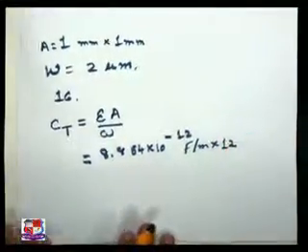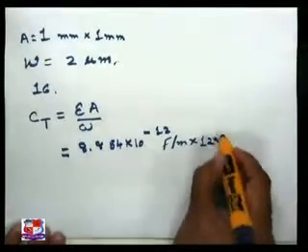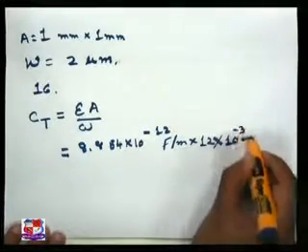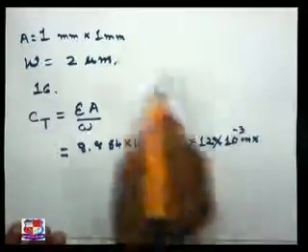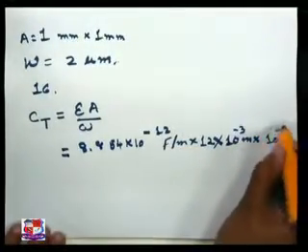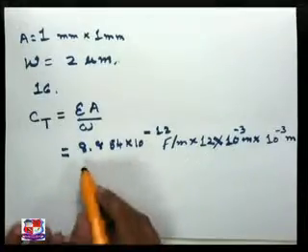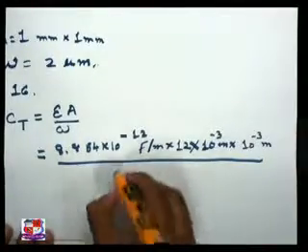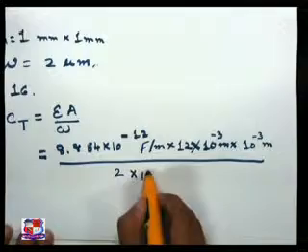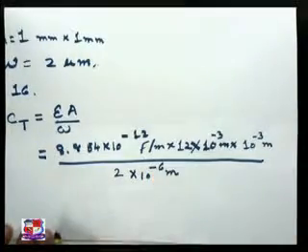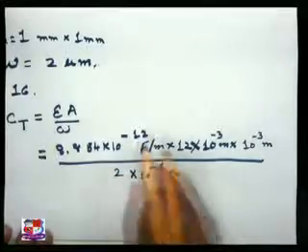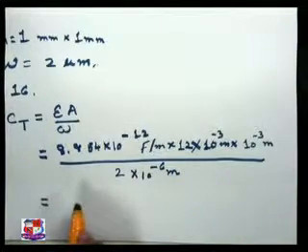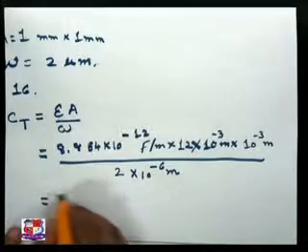We should multiply it with the relative permittivity of germanium, and then multiply with the area, that is 1 mm into 1 mm, that is 10 raised to minus 3 meter into 10 raised to minus 3 meter, and divide by 2 micrometer, that is 2 with the conversion factor 10 raised to minus 6 meter. This is the absolute permittivity and this is the relative permittivity, so that we can have the capacitance of the germanium diode. The answer is 70.8.